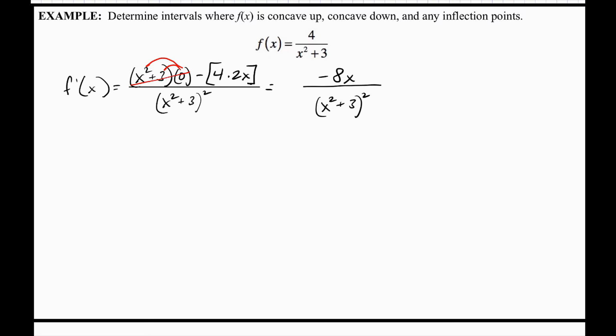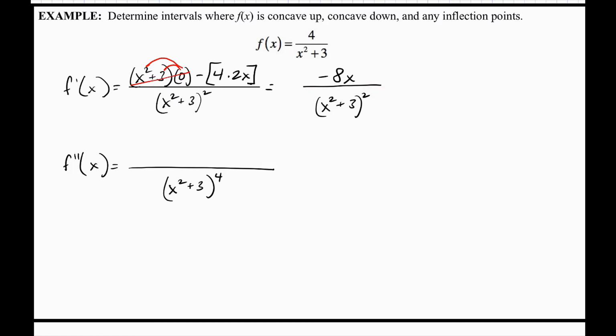If they were asking us about increasing and decreasing, that's what we would use. But they're asking us about concavity, so now we have to find the second derivative. The bottom is going to be x squared plus 3, to the 4th power, because when you square a square, it's just the 4th power.